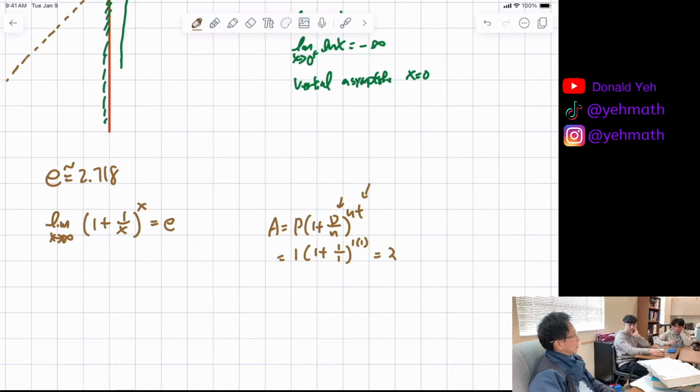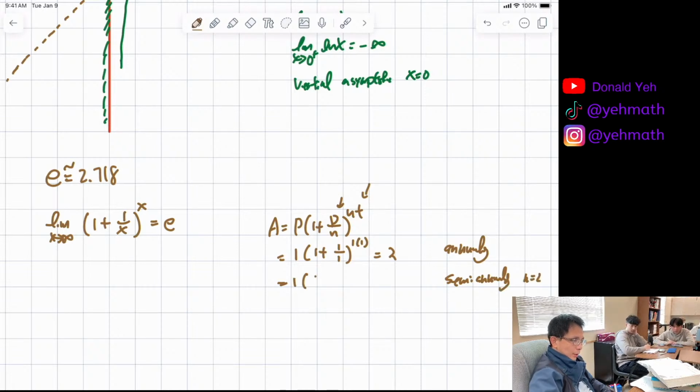How about semi-annually? So this is annually. What about semi-annually? So semi-annually is n equal to 2, right?